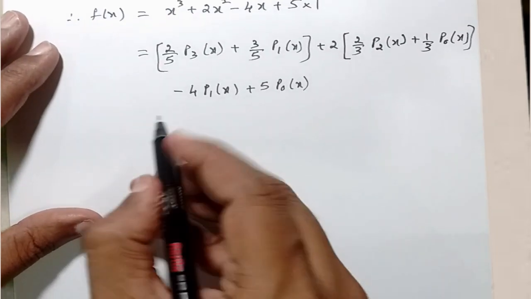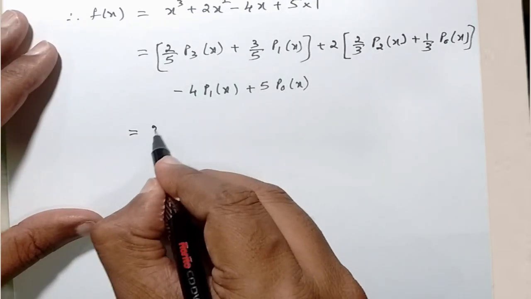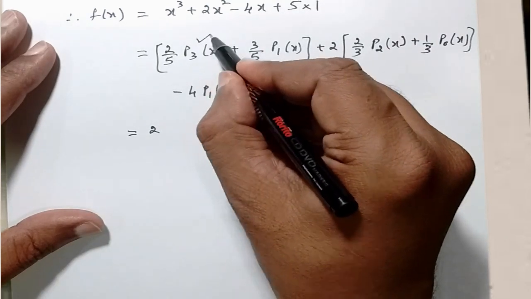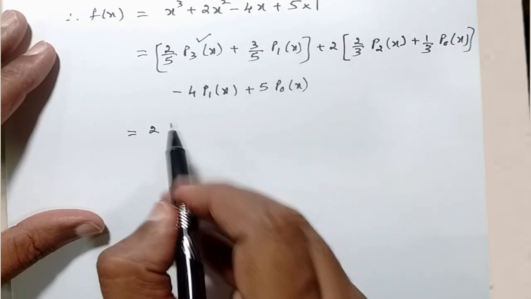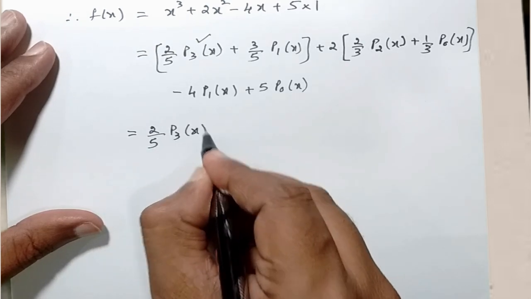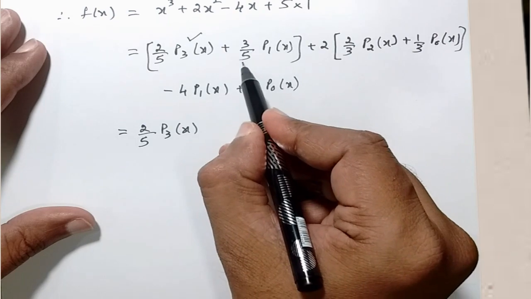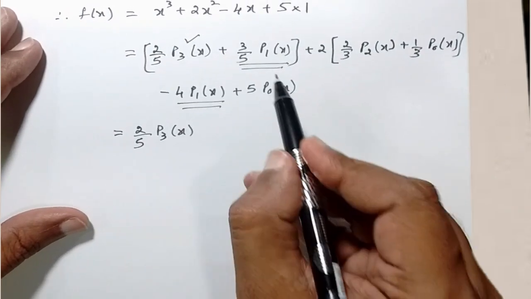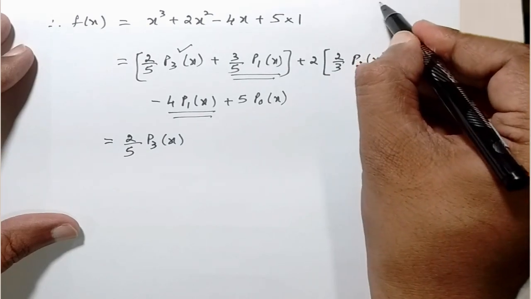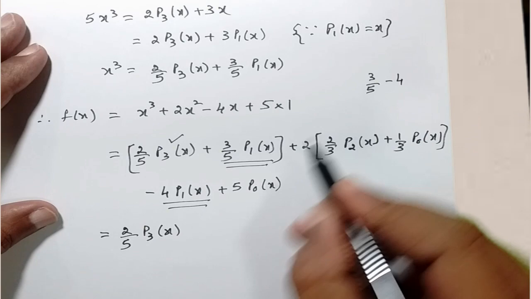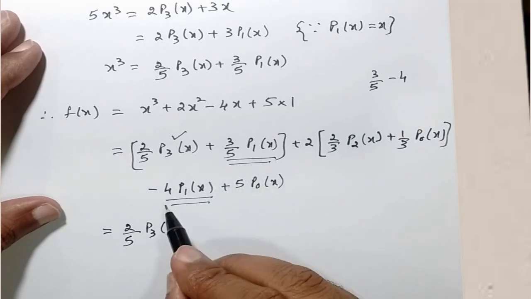We need to just simplify this expression. Just open the brackets. So it is 2 by 5 is P3 of x. There is only one term here, so 2 by 5 into P3 of x. Next you have P1 of x here, P1 of x over here. So how much do you have? 3 by 5 minus 4.